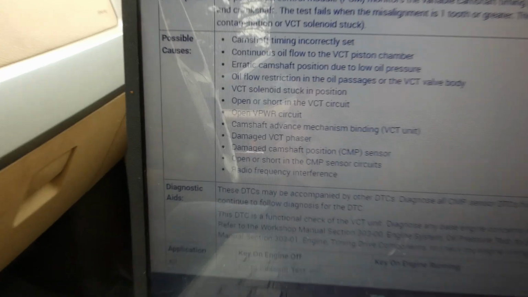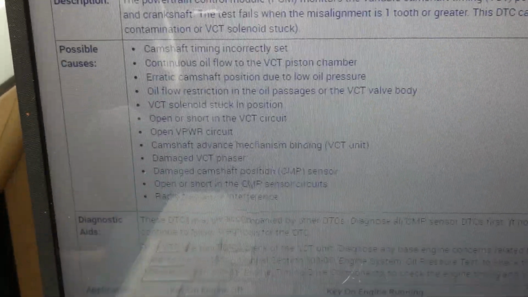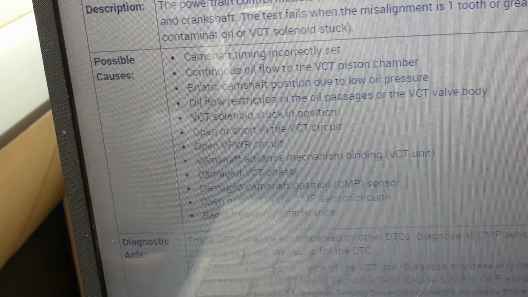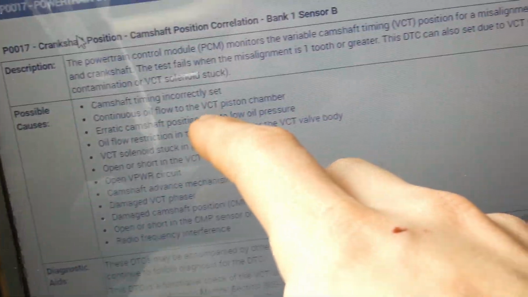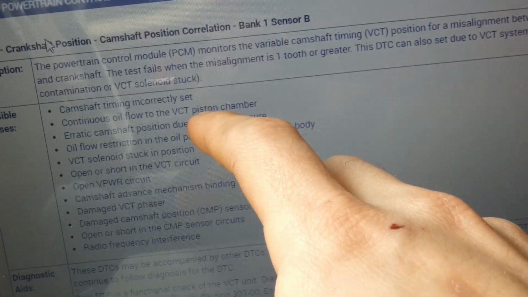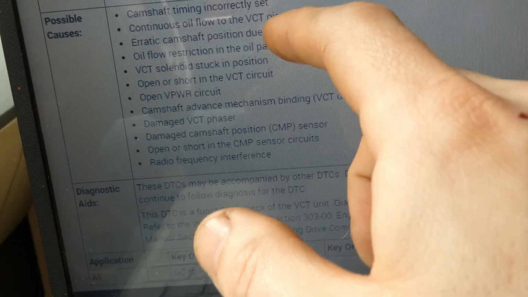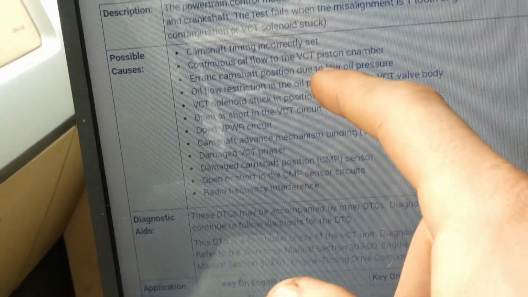So we come down a whole host of possible causes: camshaft timing, continuous flow to the VCT piston chamber. I don't know what would cause that, other than the solenoid being stuck open, but the solenoids were replaced after the timing was done.